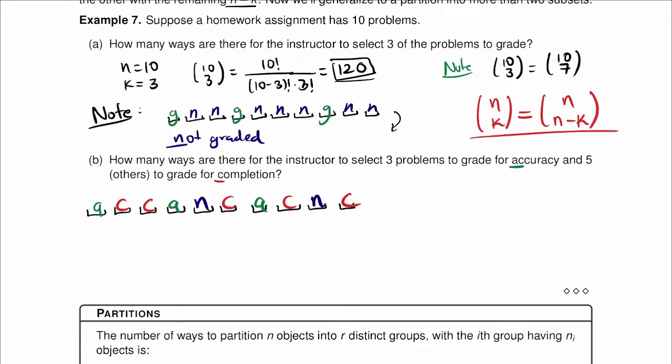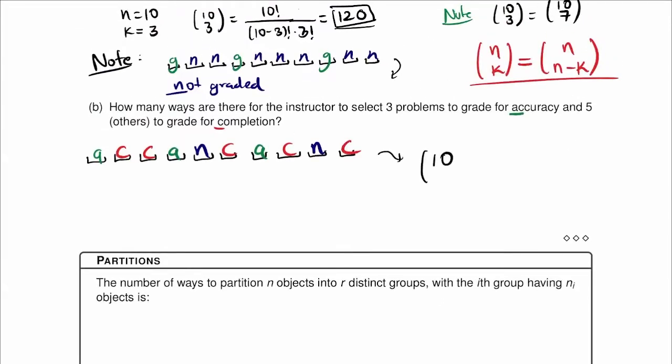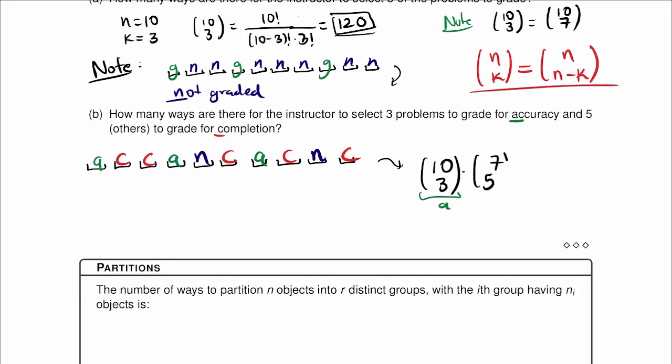Well, we have 10 problems in total, and we are picking 3 of them for accuracy, right? From the 7 remaining, we are picking 5 of them for completion.